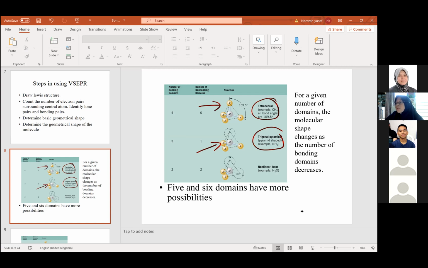If it is just a Lewis structure, usually we can just draw like this one. This is 2D. But in VSEPR molecular structure, you have to show the 3D form, which means you have to show there is a difference in terms of angle, right?